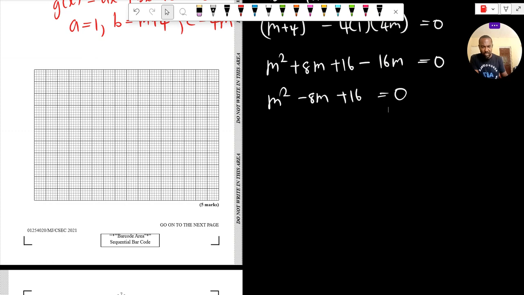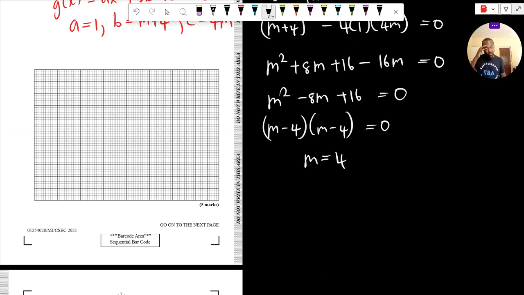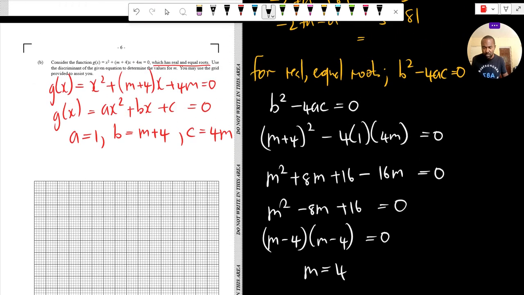It looks like it's going to give us (m minus 4) times (m minus 4) is equal to 0. So we get a quadratic with a repeated root, right? And this therefore means that m is equal to 4. So with that said, we've got the value of m for which this quadratic has real and equal roots.